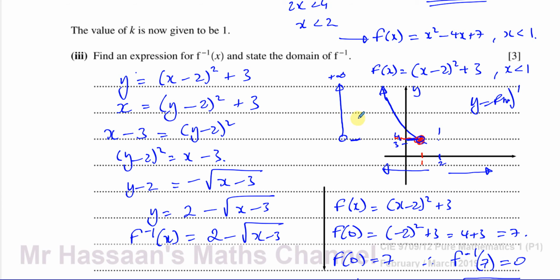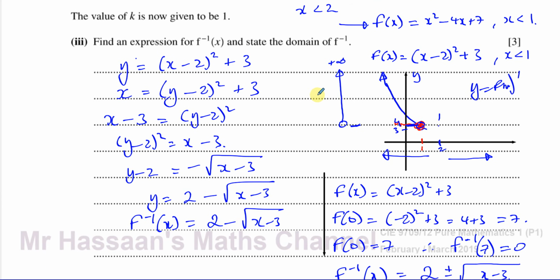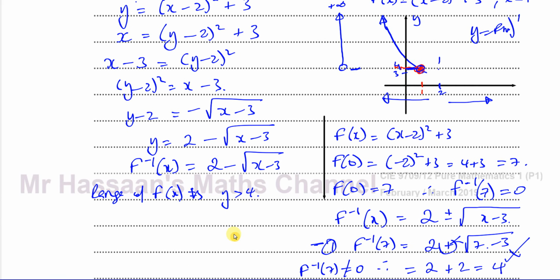So we can see that the range of f(x), the range of the original function, not the inverse, is basically y is greater than 4. And we know that the domain of the inverse is the range of the original.